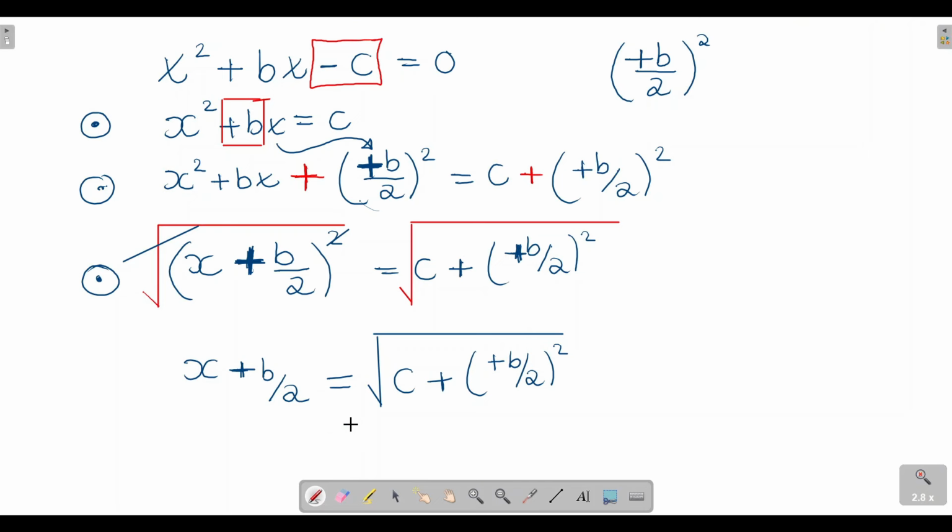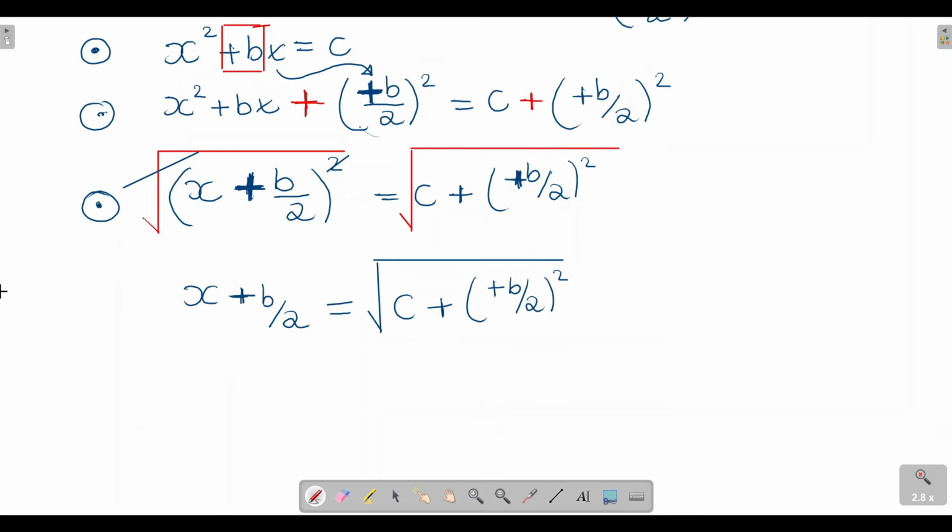So then from there, guys, if you want to solve an equation, we want to solve for something. We're trying to solve for x, so we want our x to be on its own. Therefore, our x is equal to positive b over 2 moving to the right hand side, so it's going to be negative b over 2.